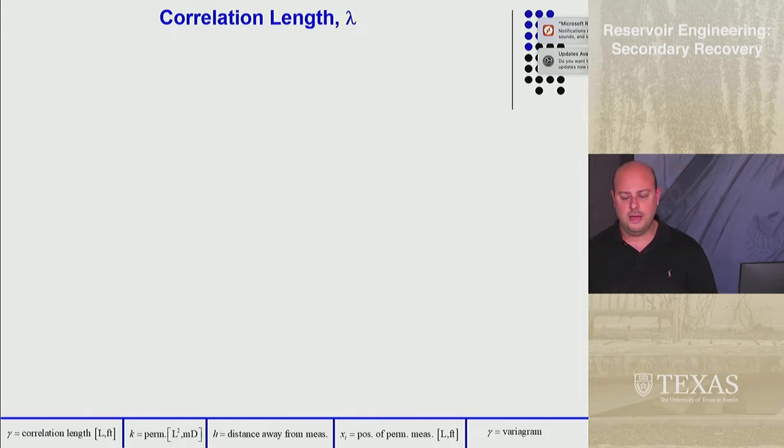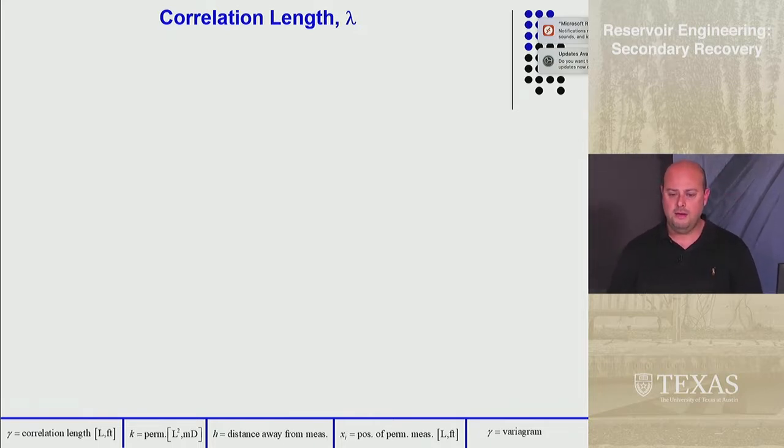What I mean by that is that if you have relatively high permeabilities in one part of the reservoir, let's say you took a sample from a well at one location of the reservoir and it was relatively high permeability, then if you were to take samples close by, they would probably also be relatively high permeability.